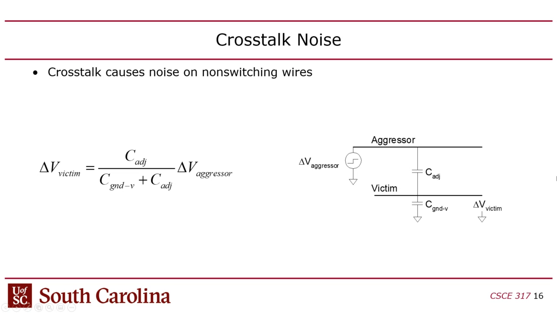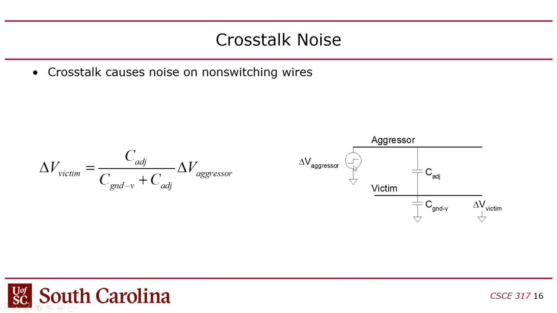Okay, so you can see how the picture on the right shows you where these terms are. And notice, obviously, the arrow pointing down is ground, right? And you notice that the victim is at ground.